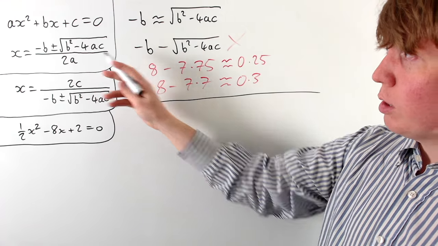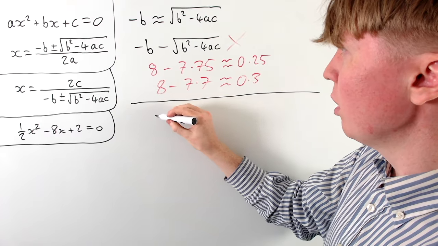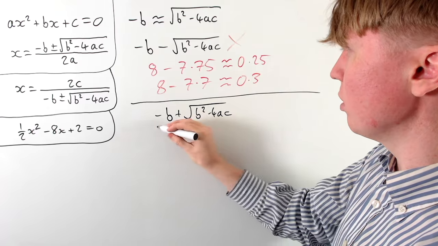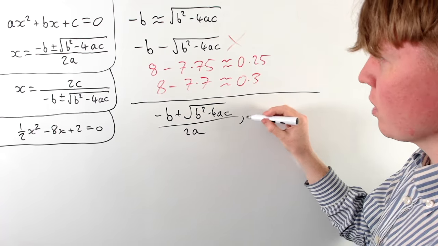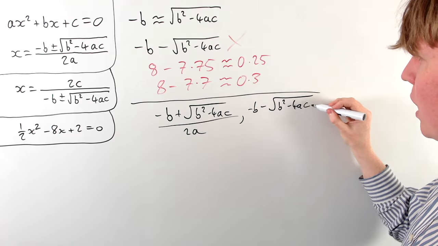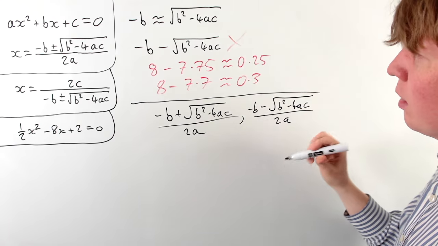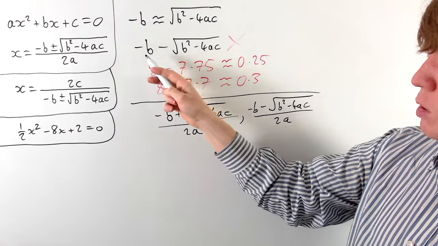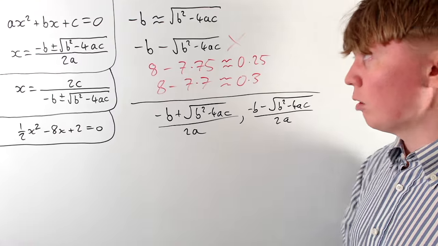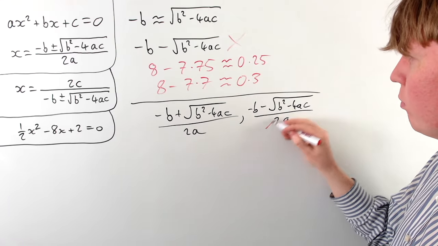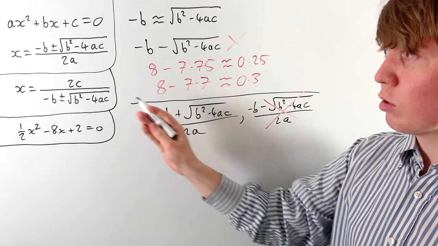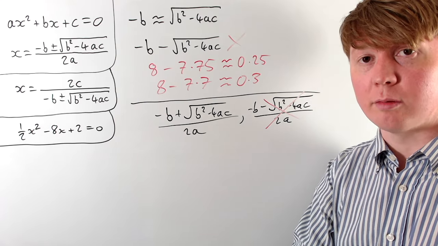Our original quadratic formula has minus b plus root b squared minus 4ac all over 2a, and we've got the same with the minus square root of b squared minus 4ac over 2a. What we've just learnt is that minus b minus the square root should be avoided because this gives us a really bad proportional error. So if we avoid using this one, we can instead use the corresponding solution from the alternative quadratic formula.